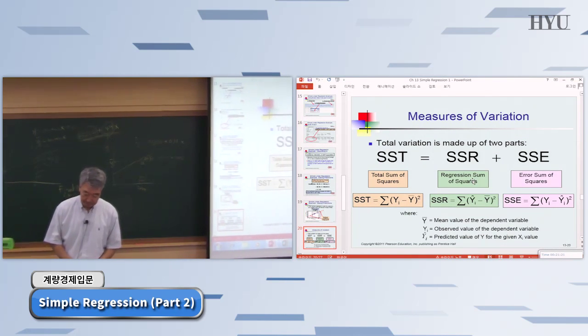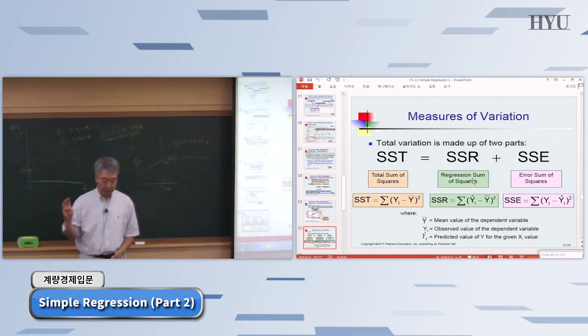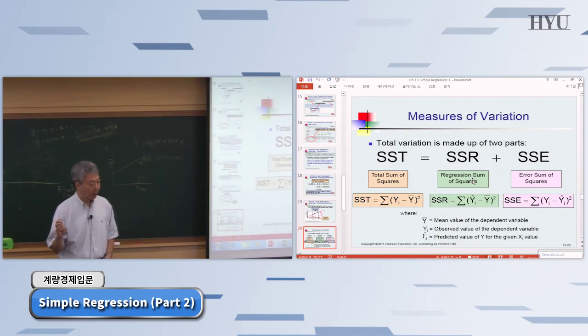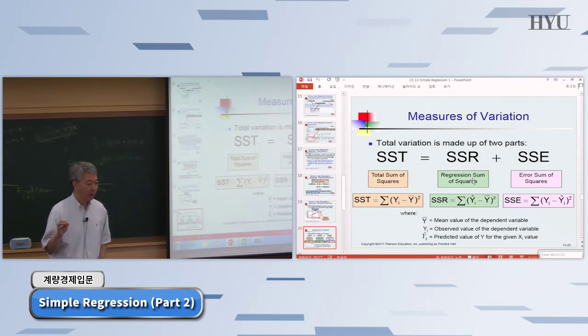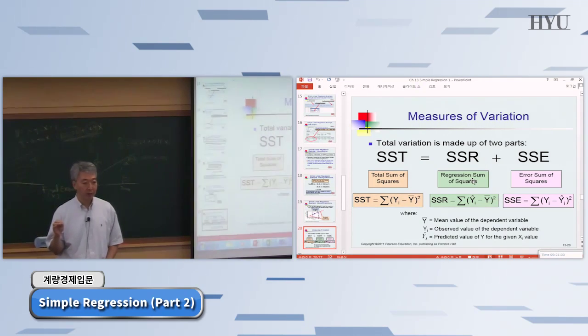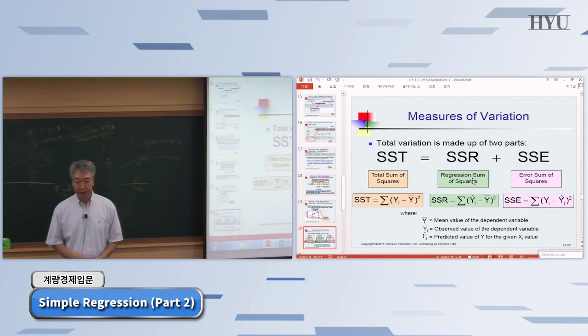All right, let's go on. So we know how to estimate, how to interpret, and how to use the equation to make a prediction. The next step is testing.